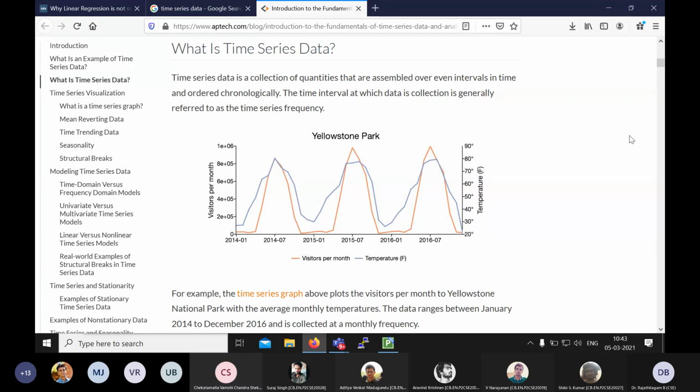Yes, ma'am. Yes, that is possible. So then at that point, if you consider only those points, then linear regression is definitely relevant. Am I right? Yes, ma'am.